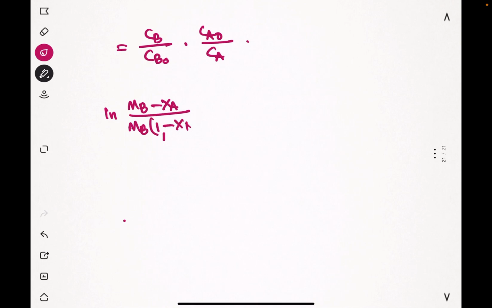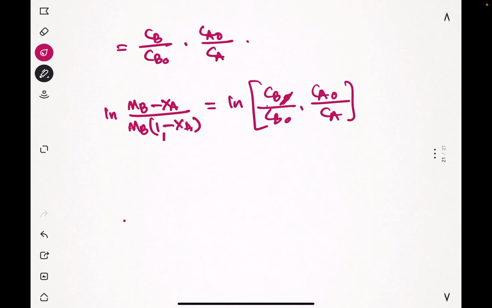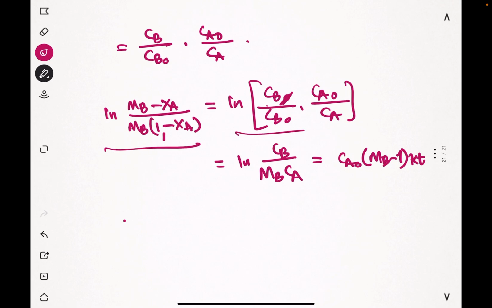If we summarize this, this will be equal to CA naught times MB minus 1 times Kt. So we take either this or this on the left hand side, and then this is what we have on the right hand side.